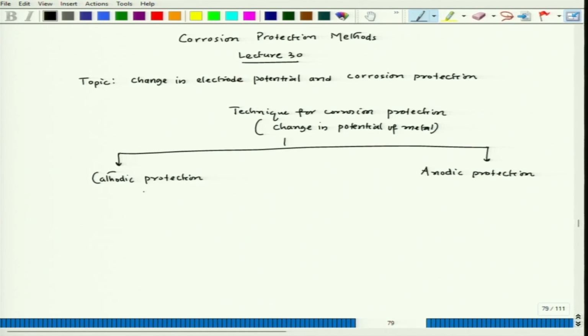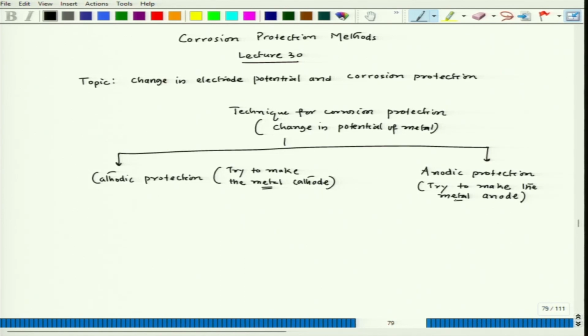In cathodic protection, we try to make the metal cathode. This metal we are trying to protect. In anodic protection, we try to make the metal anode.